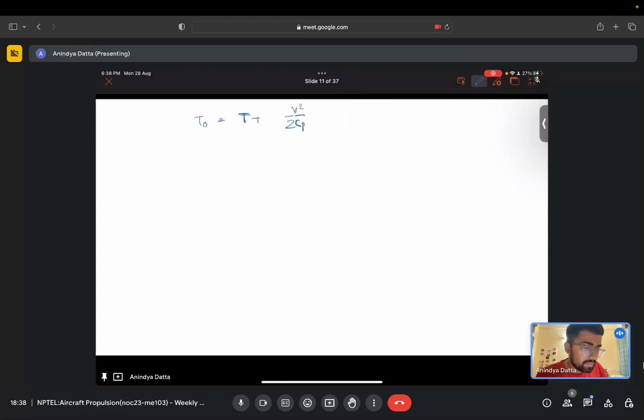Cp is basically gamma R by gamma minus 1. So if you put it there, we get V square by 2 gamma R into gamma minus 1.